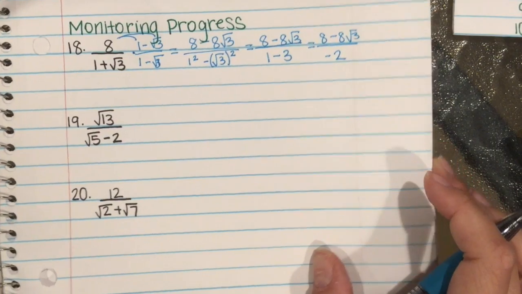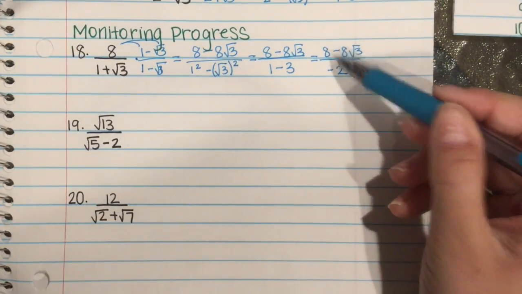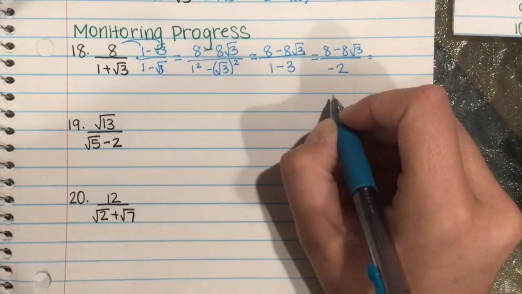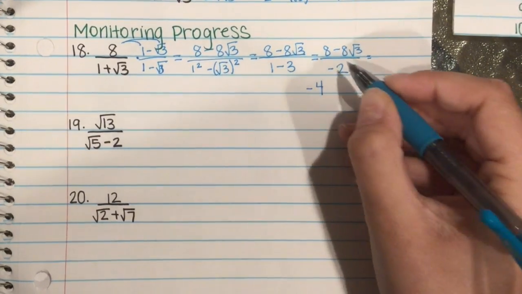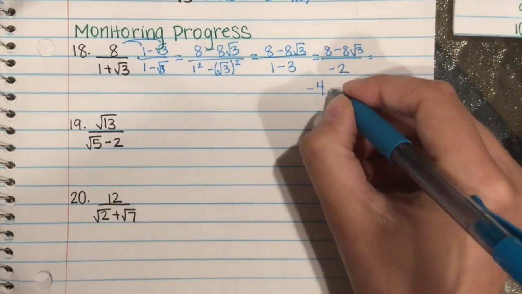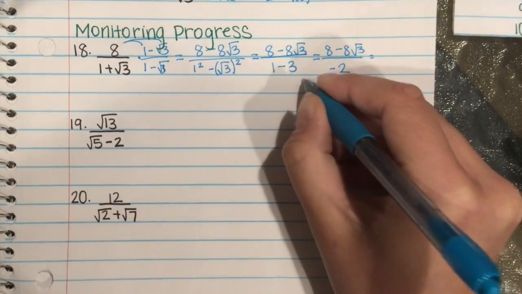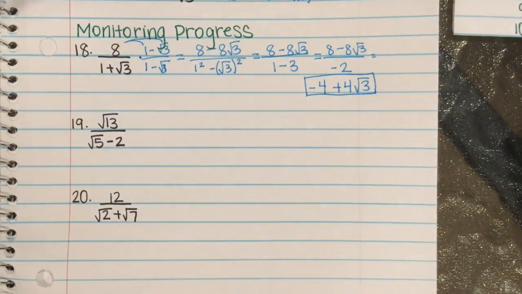However, I do want to simplify everything that I can. So I can do 8 divided by negative 2, which gives me negative 4. And then negative 8 radical 3 divided by negative 2 is positive 4 multiplied by the square root of 3. So this is my final answer here.